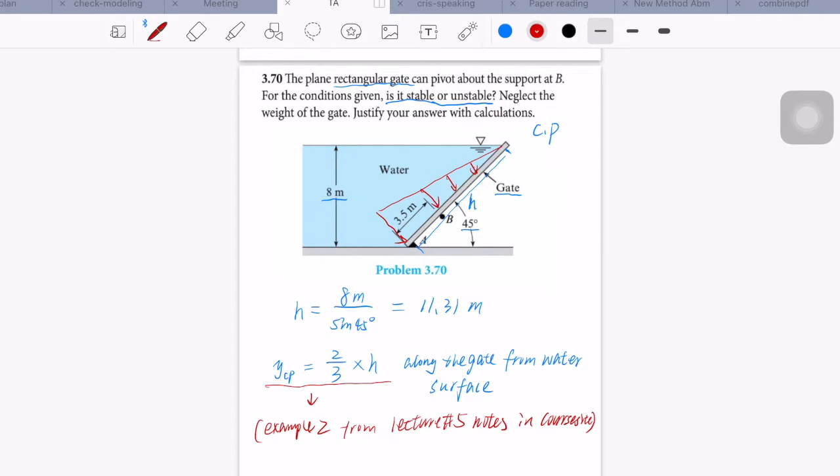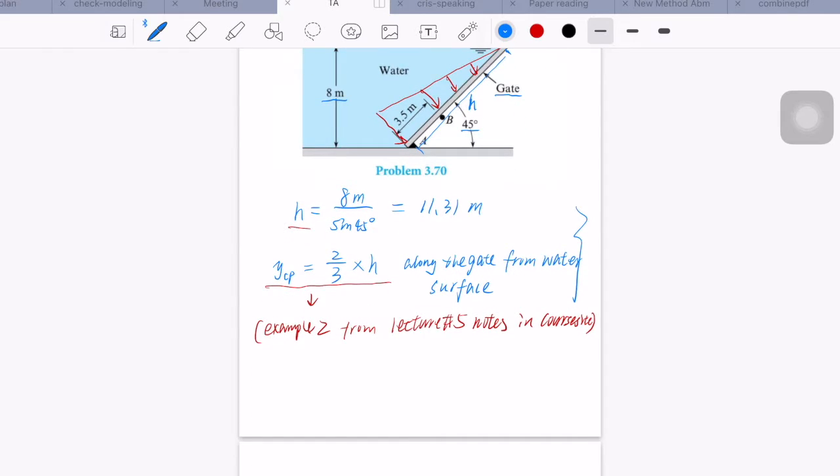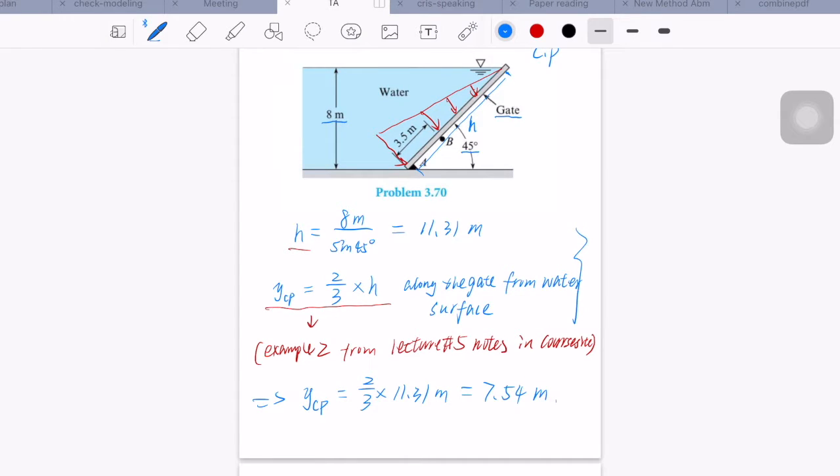And we know the H. So now we can find the YCP should be equal to 2/3 times 11.31 meters. So YCP should be equal to 7.54 meters. And we know the distance from A to B is 3.5 meters.